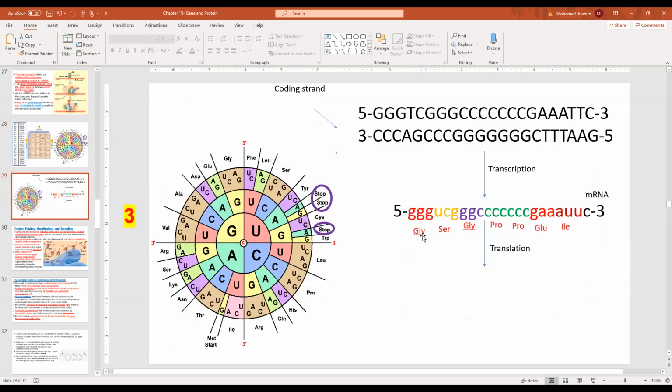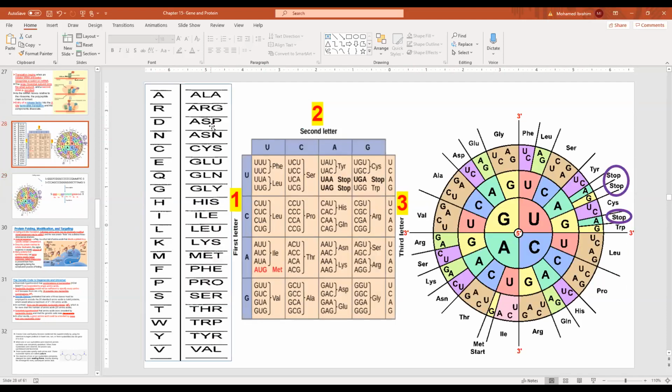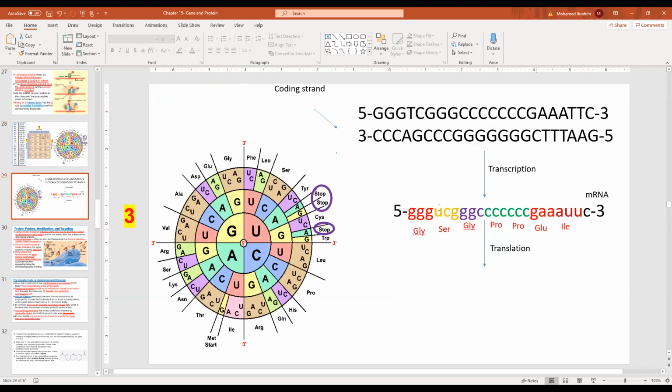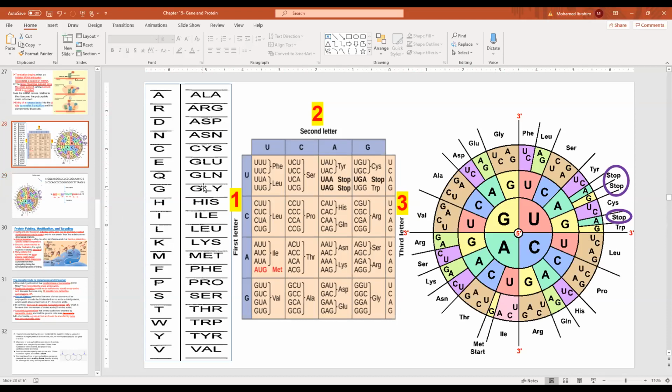So if you look at glycine, you go here and see that glycine is a G, so you put G. If I say glutamic acid, GLU, you go to the table, and GLU is an E, so you put an E, because I will put a code and ask you to solve the puzzle and give me the code using 1 letter only.